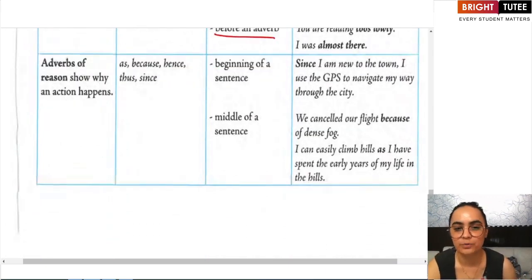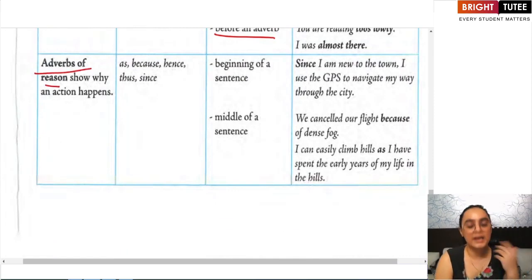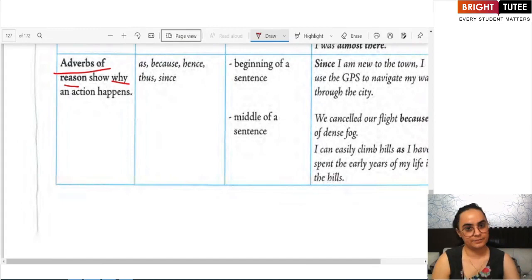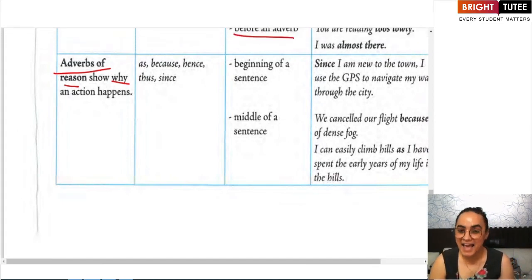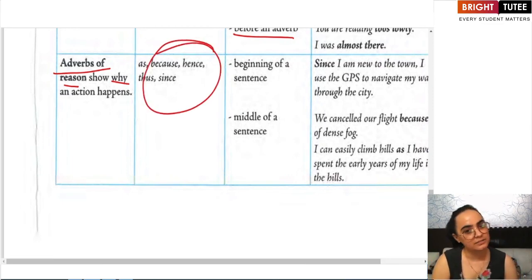Next type of adverb is the adverb of reason. Why an action took place. Because, as, hence, thus, since. These are the adverbs of reason. Where do we use these adverbs of reason?